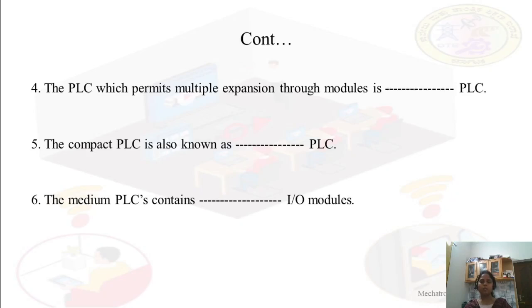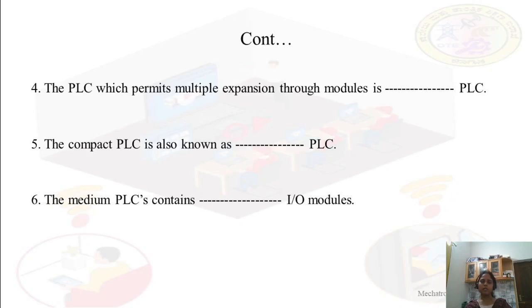The compact PLC is also known as dash PLC. Compact PLC is also known as integrated PLC or fixed PLC. All the three are the same: compact PLC, fixed PLC and integrated PLC.